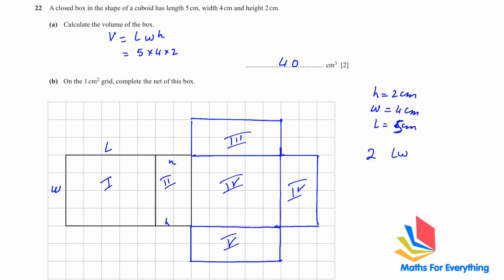This is one face with length times width, and this is the second one. And you will have 2 faces with width times height. This is width times height and width times height. And you will have 2 faces with length times height, which is this and this. I hope the diagram is clear to you.